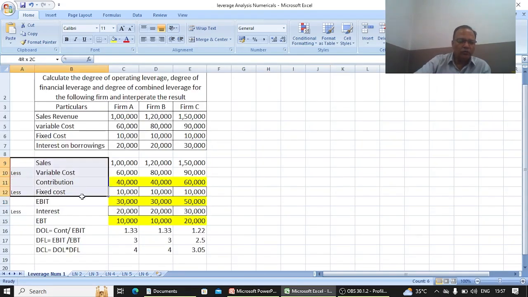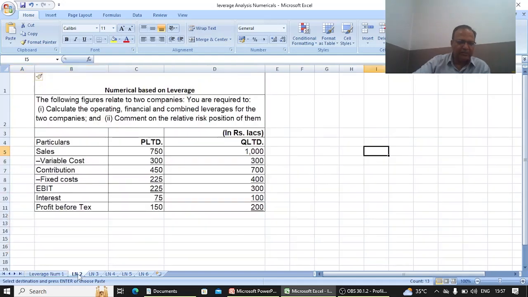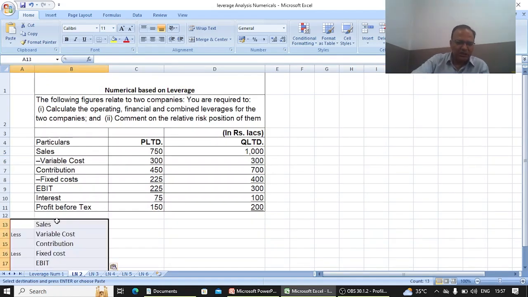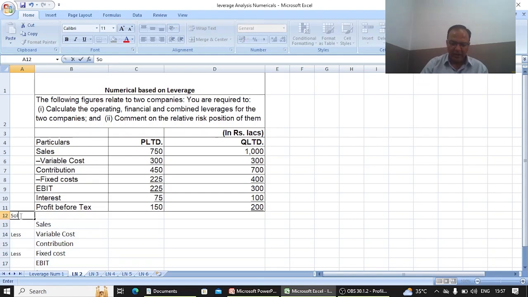I don't want to waste your time, so I'm coming on the solution. This is a simple format which we have to follow in every problem. This is solution.